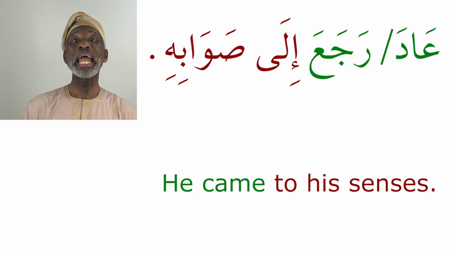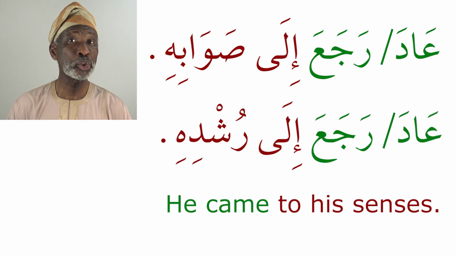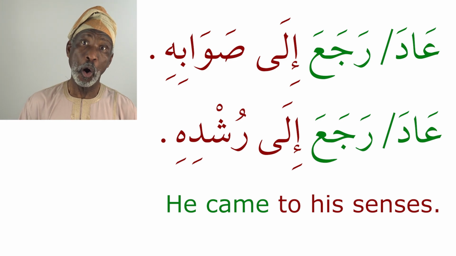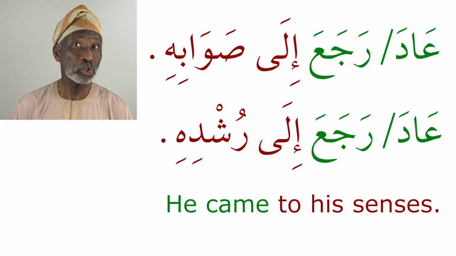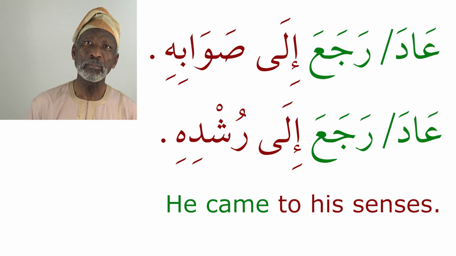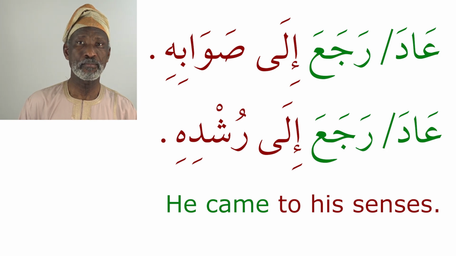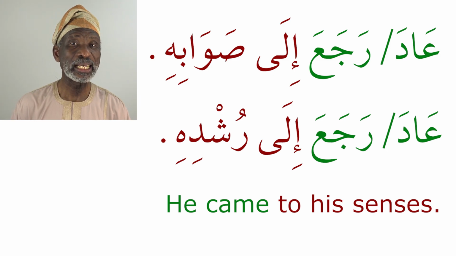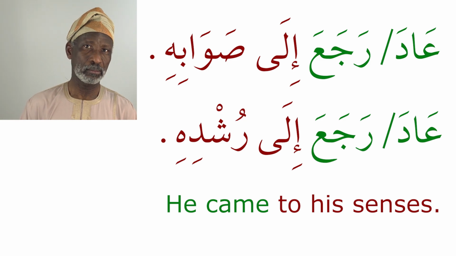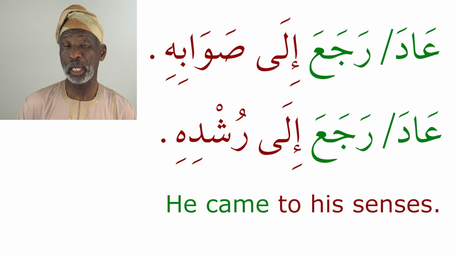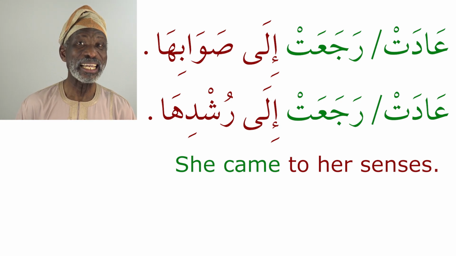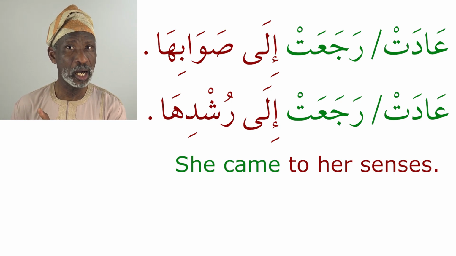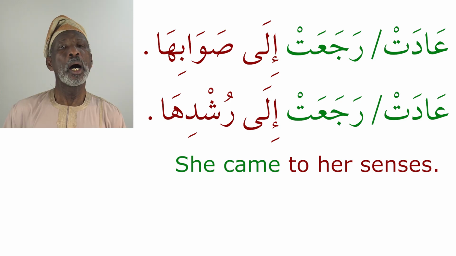Alternatively, you can say عاد إلى رشده, or رجع إلى رشده. It means the same. He came to his senses. For feminine, just say رجعت or عادت إلى رشدها instead of رشده.